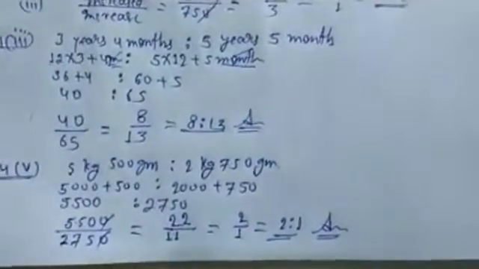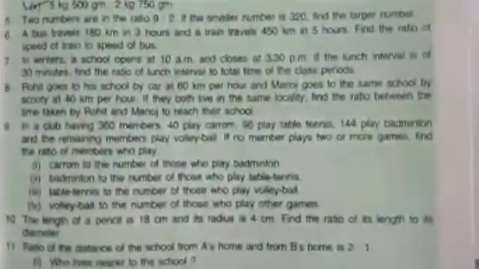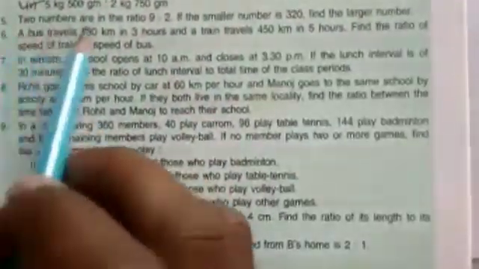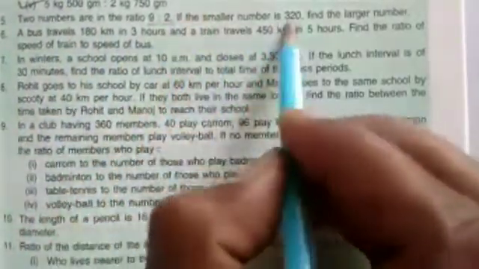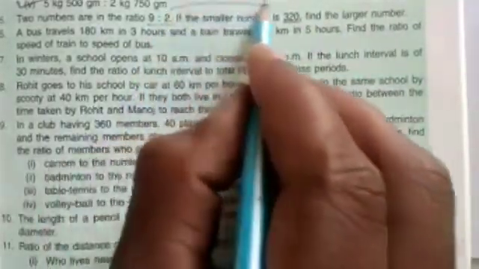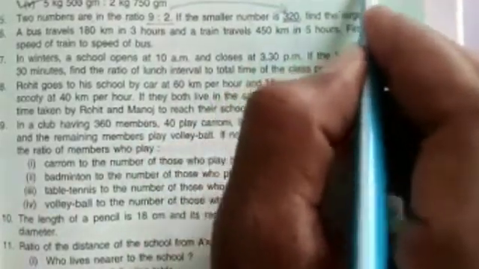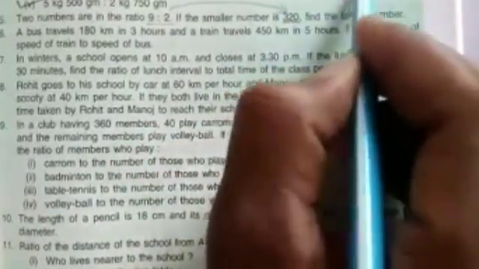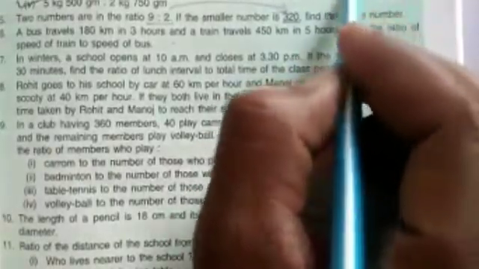Now our next question, this is question number 5. The fifth question is, the numbers are in the ratio 9 ratio 2. If the smaller number is 320, find out the larger. Very easy. 2x equal to 320. So x equal to 320 upon 2, means 160.